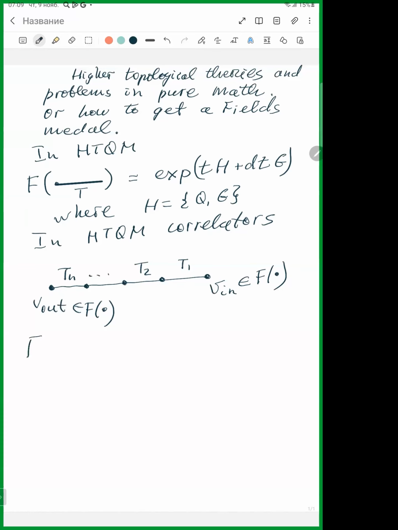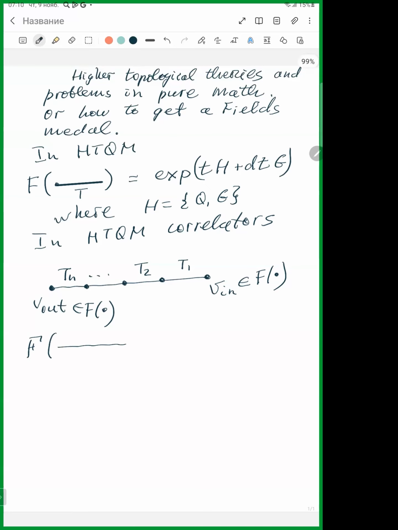So what do we associate to this object? So here there'll be a long formula.